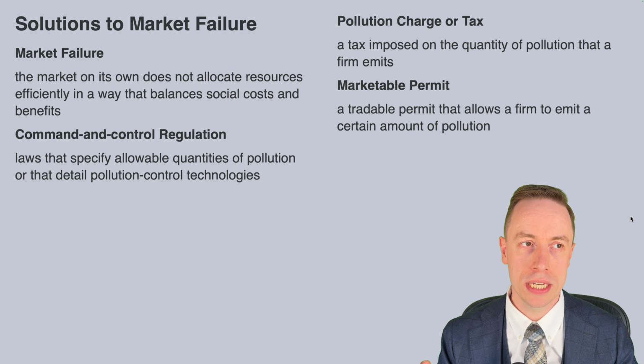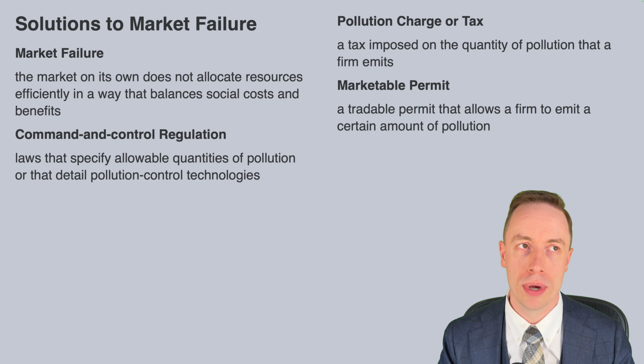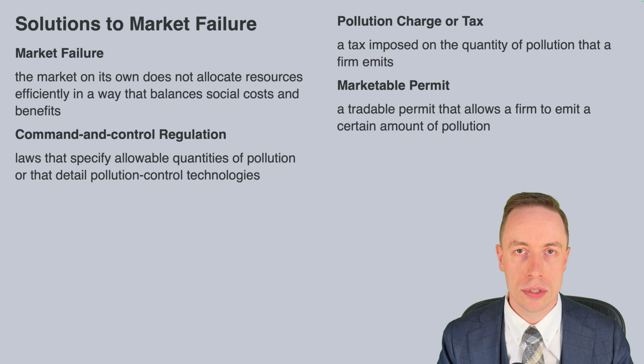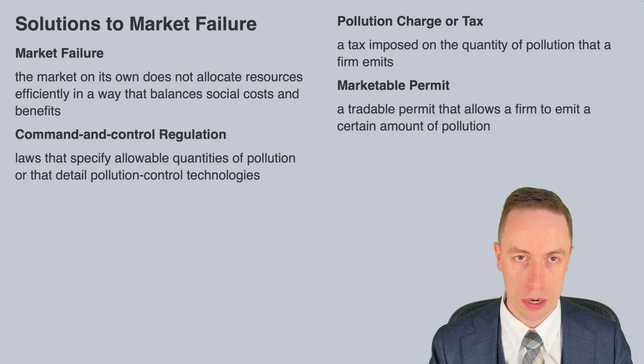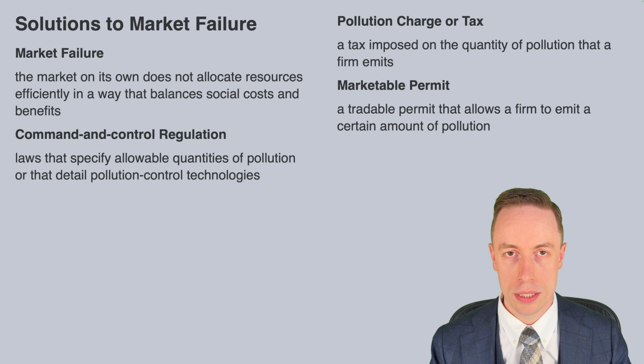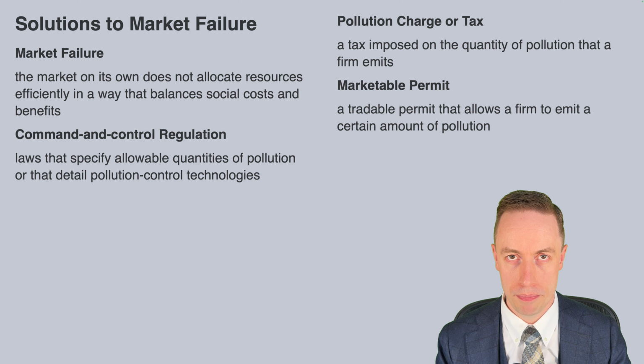The general category here that we are operating in is referred to as market failure. So what that means is if we leave the market to its own devices, we don't get the socially efficient outcome. And anytime we encounter such a market failure situation in economics, broadly speaking, you can put the solutions that we have available into 3 major categories.